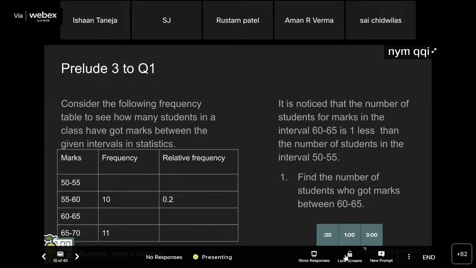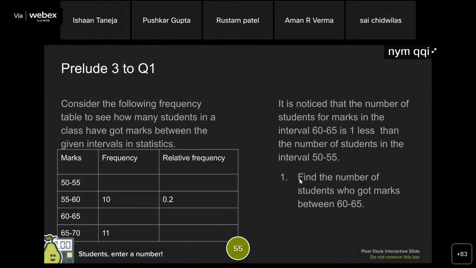Okay, so that's another quick question. You have computed the total, you know the frequency of category 1. So what would be the frequency of the third category, which is 60 to 65? And we know that the category 3 has frequency 1 less than the first category.